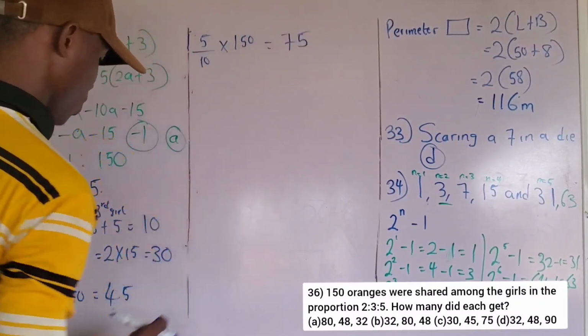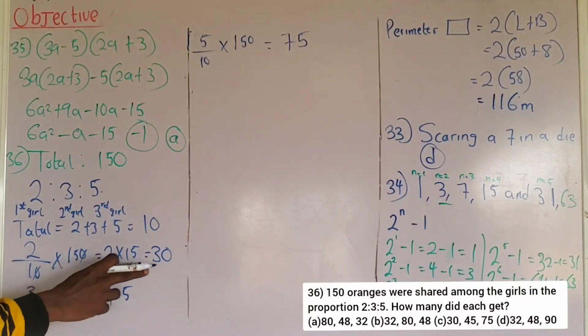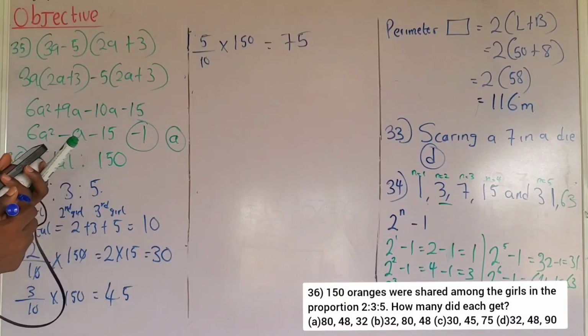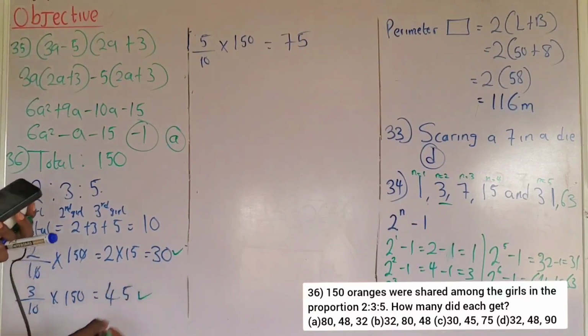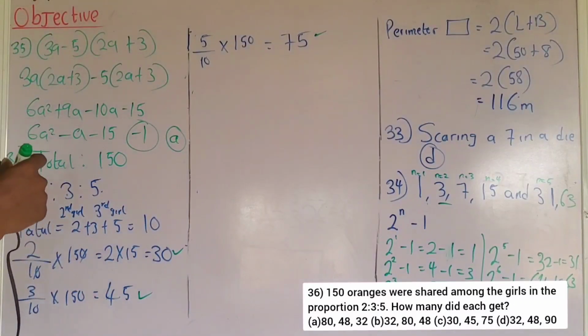So you can see now, the first received 30, the second received 45, and the third received 75. So let's look at the correct option. Option A says 80, 48, 32. That is incorrect. Option B, 32, 80, 48. Incorrect. Option C, we have 30. Yes, the first received 30. 45, yes. Then 75, yes. So option C is correct. Option D is incorrect as well.